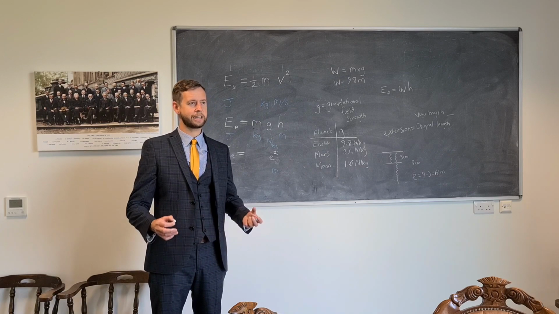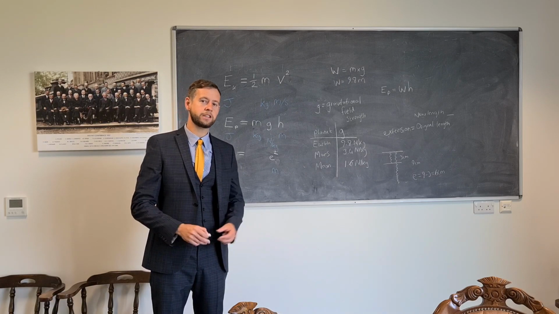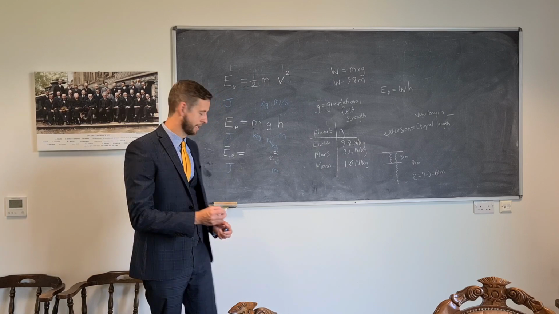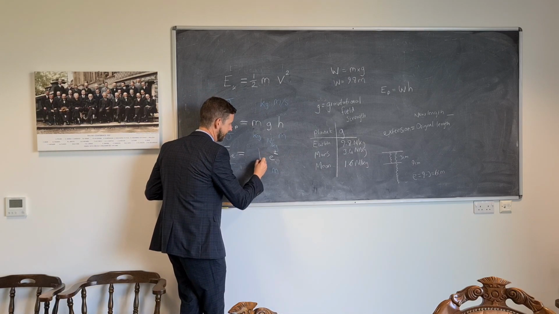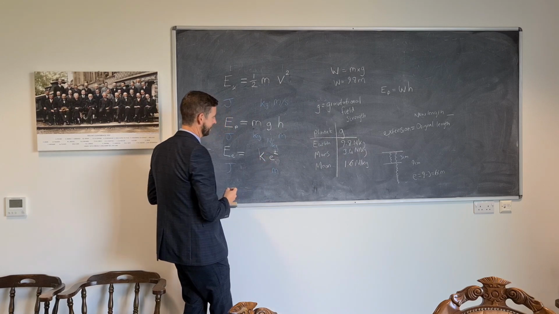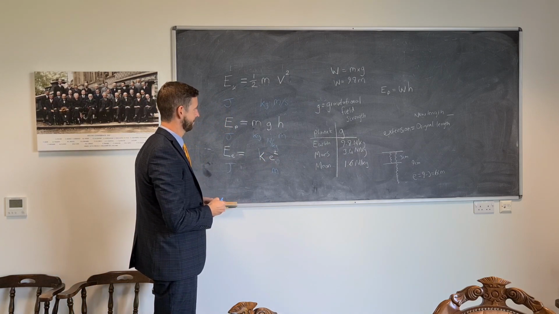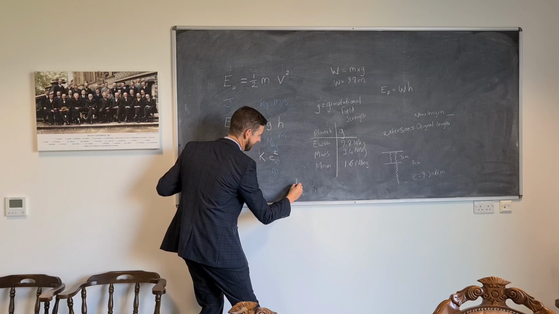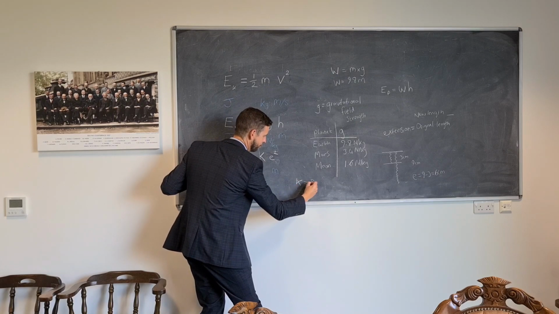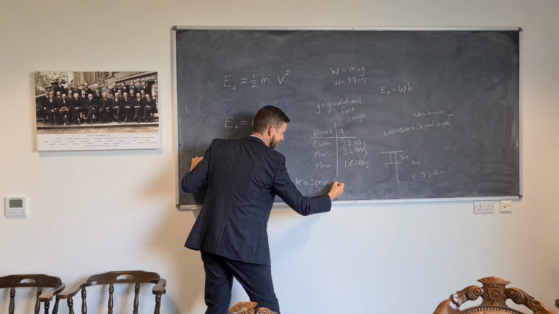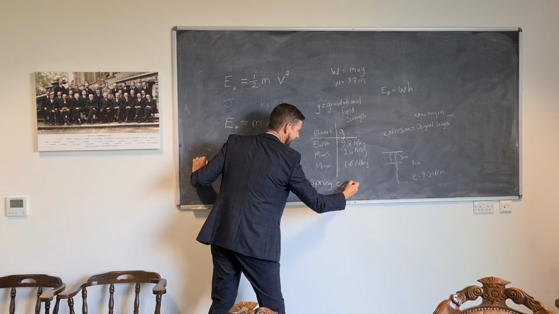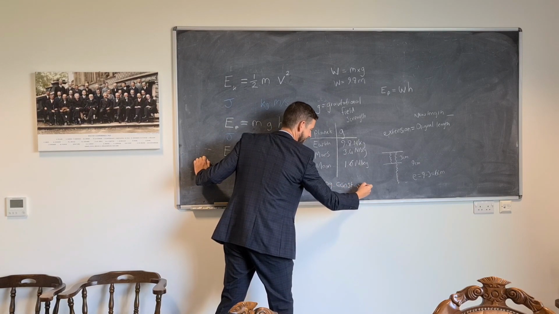So scientists had to get a handle on the stiffness of the spring, and they record that as the spring constant k. So k is the spring constant. The stiffer the spring, the higher the spring constant.